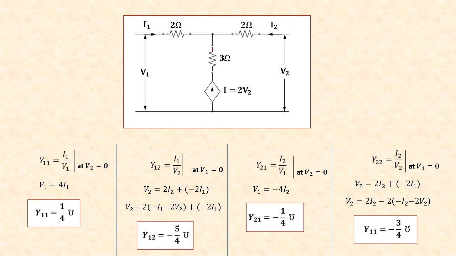This minus 2 into I1 is the voltage drop across the 2 ohm, which will be the same as the voltage drop across the terminal 3 ohm and dependent source I. Now I1 can be replaced by minus I2 minus 2 into V2 because it is the sum of currents I2 and I, that is the dependent source I, but in opposite direction. We are replacing I as 2 V2. So simplifying, we have Y22 is equal to minus 3 by 4 mho.